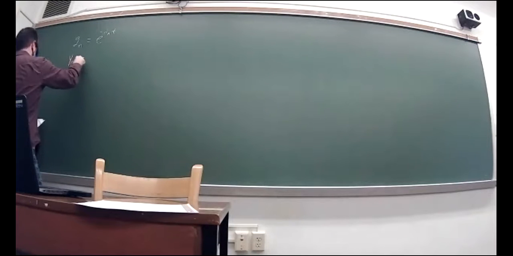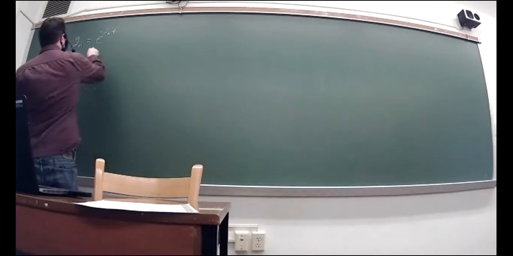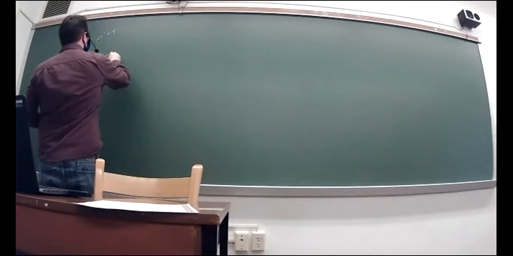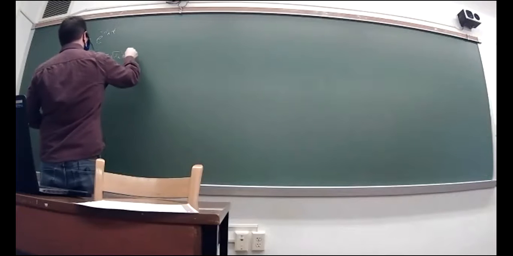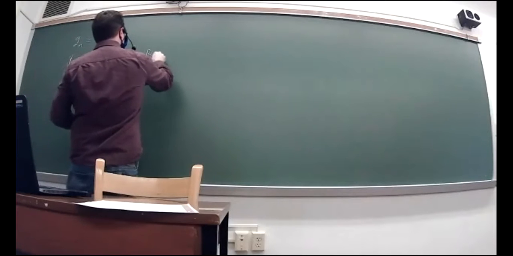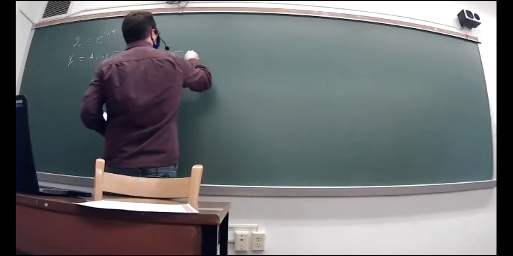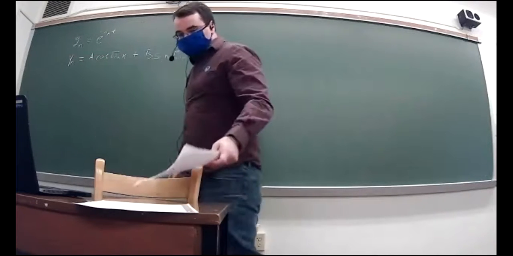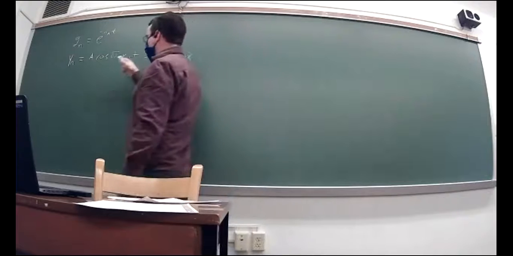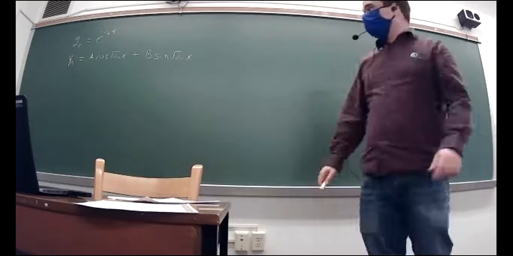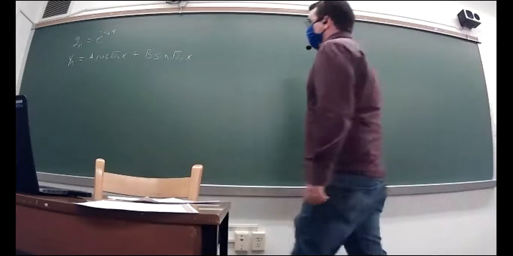Our space function y sub n is a cosine of root lambda n times x plus b sine root lambda n times x, with perhaps a condition on the coefficients to be determined, and once again, lambda n to be determined.